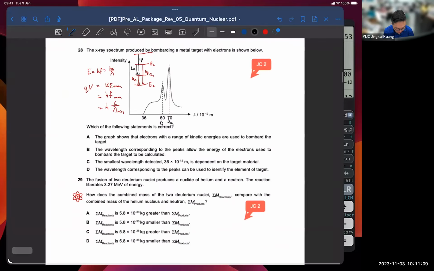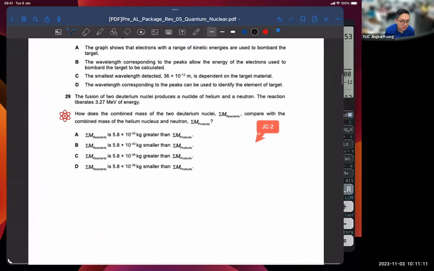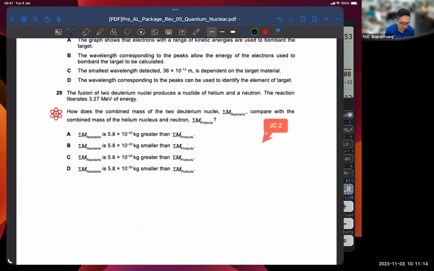Okay, 29. Just now we had a question where we measure energy release in a nuclear reaction using binding energy, and another one is to compare the mass. If the mass of your product is less than the mass of the reactants, that means this is an exothermic reaction, releasing energy into the system.